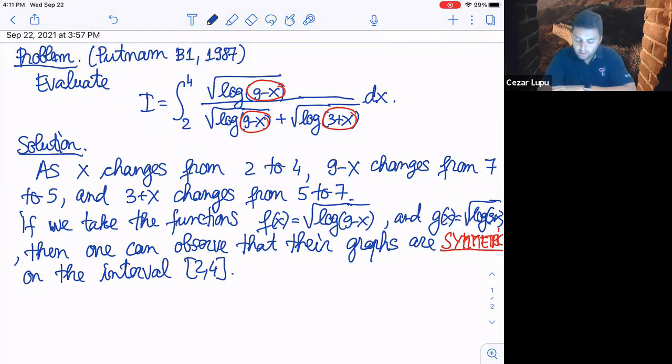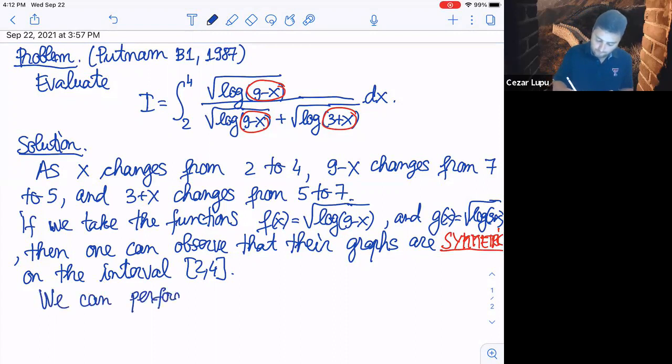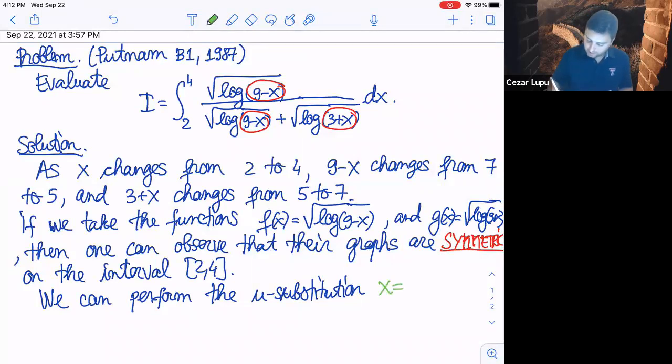So maybe that could give us a hint of a change of variables. We can perform the U substitution in the following way: take x to be 6 minus u.